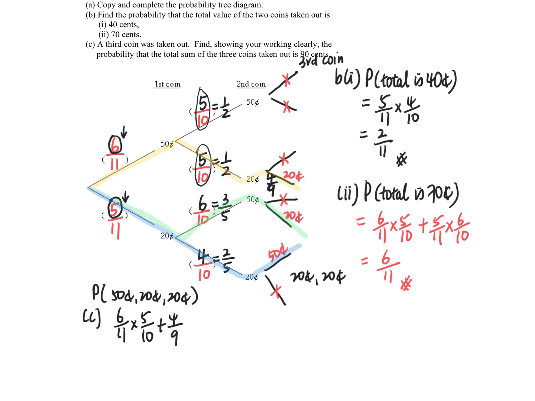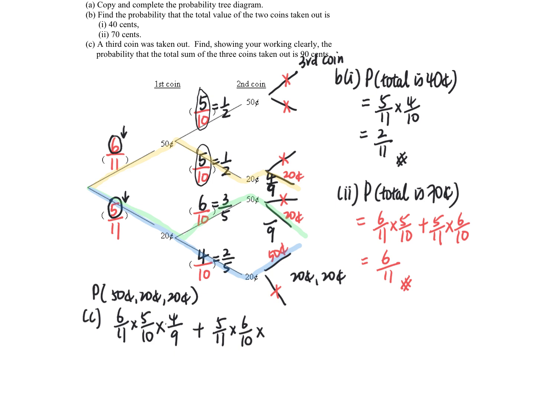Okay, next one I want to add, it's the green one. So green one, I know my 5 over 11, I know my 6 over 10. I just don't know what is this. So I ask myself, from 11 to 10, then must also go to 9. Okay, I pick out 1 20 cent already, 1 50 cent.